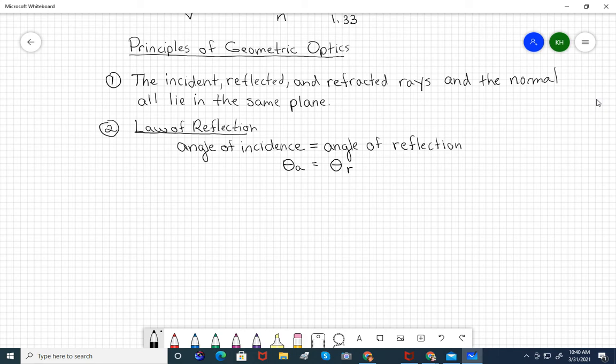The third big principle is Snell's law. Sometimes this might be called the law of refraction.